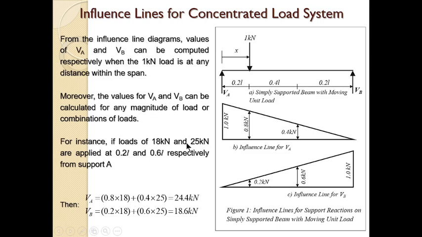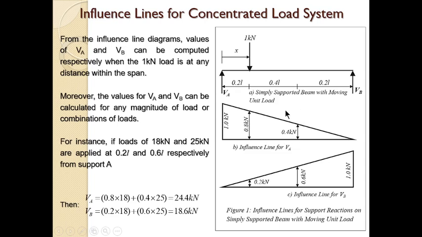Now, the 25 kilonewton load will be applied at 0.6L, and 0.6L is actually here. So all we need is to calculate the coordinate at this point using the concept of similar triangles. If this place is 1 kilonewton, this place is 0.8 kilonewton. So if we place the 18 kilonewton load here, the effect of that load on reaction at A will be the magnitude of that load multiplied by this coordinate.